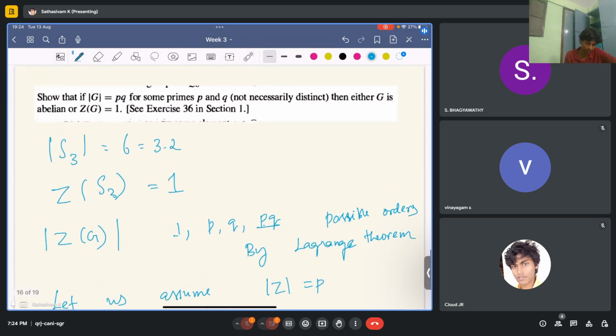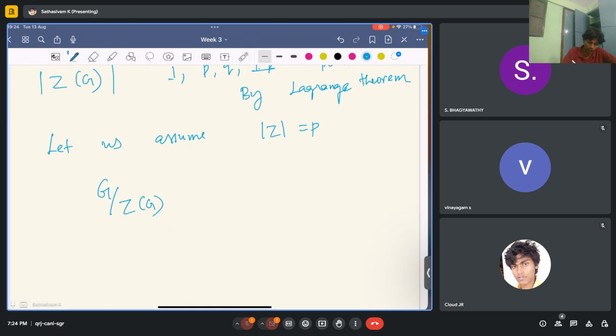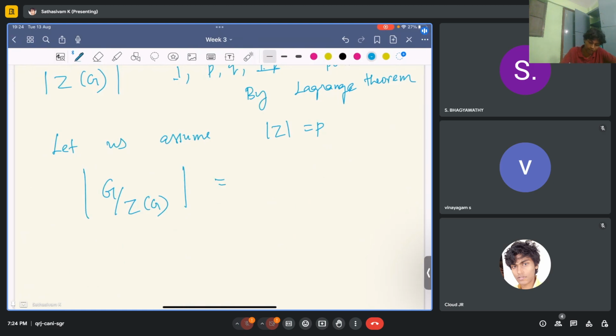So how do you get a contradiction? Let's look at G by the center of G. What is the cardinality of this? It is nothing but PQ by P. Again, this follows from Lagrange's theorem, right?